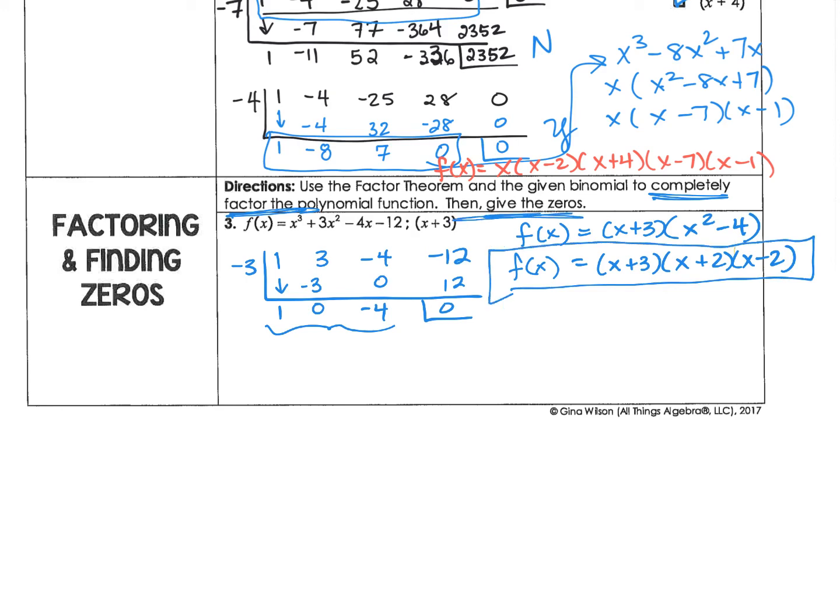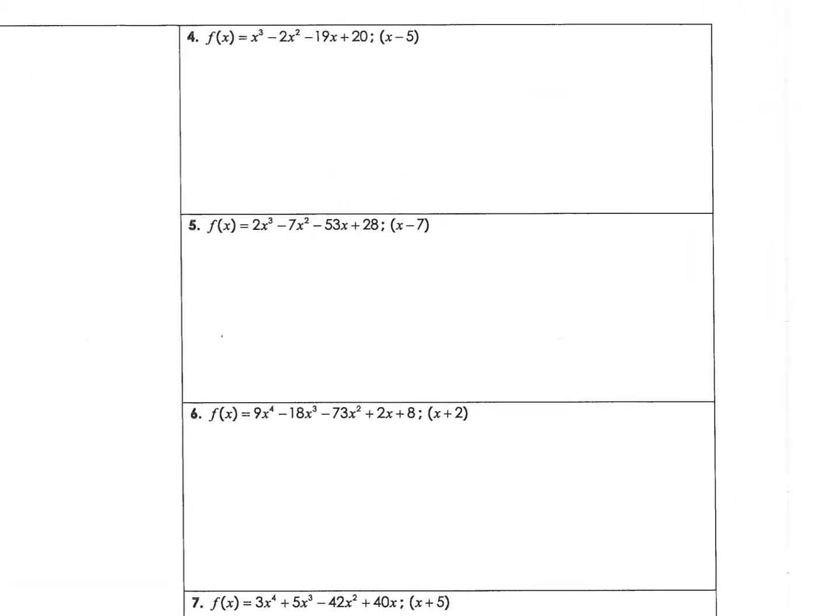Then it says what? Well, if you've got the fully factored form, shouldn't you very easily be able to give the zeros? What are my zeros going to be? -3 and plus or minus 2. Sure enough. All right.